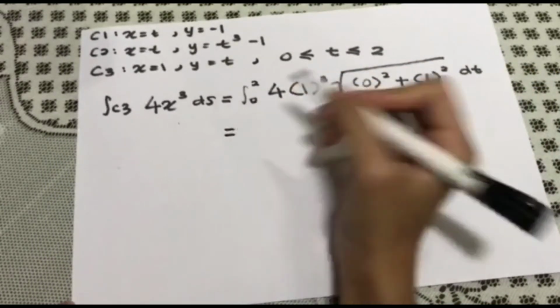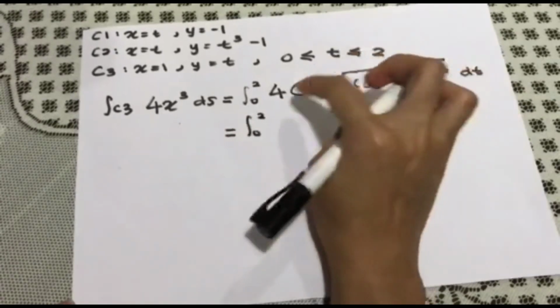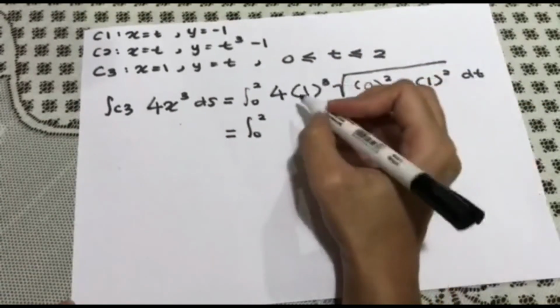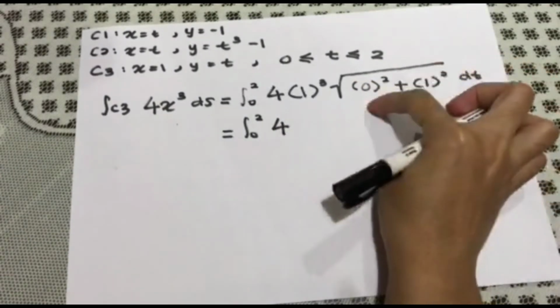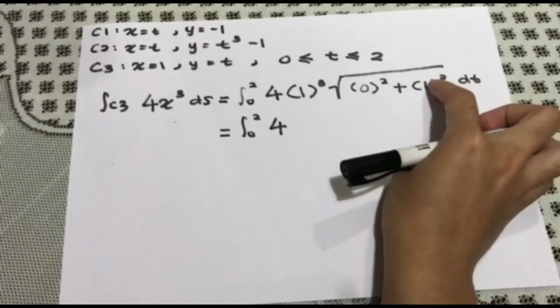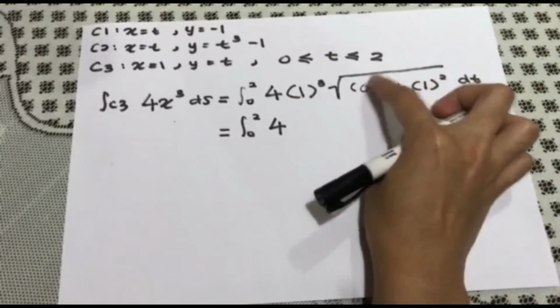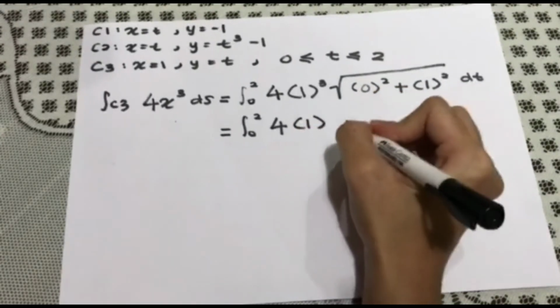So let's solve it. 4 times 1 cubed is 4. 0 to the power of 2 is 0, plus 1 to the power of 2 is 1, and the square root of 1 is 1. So that means times 1 dt.